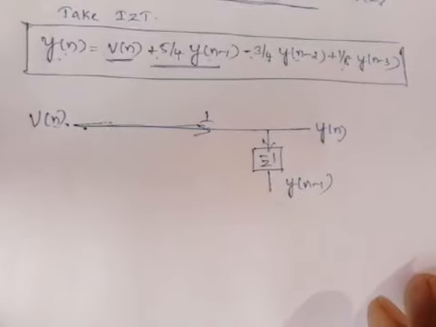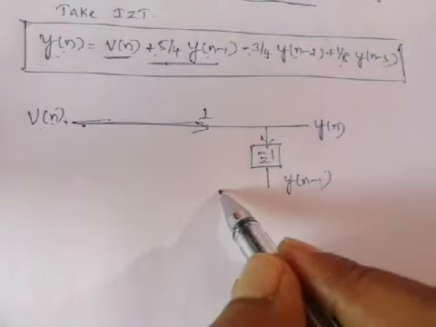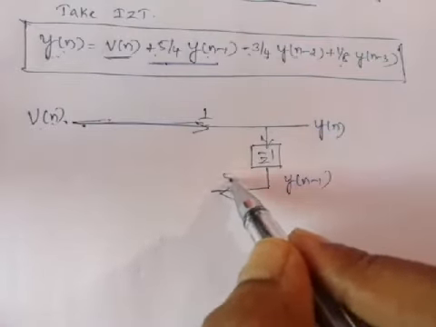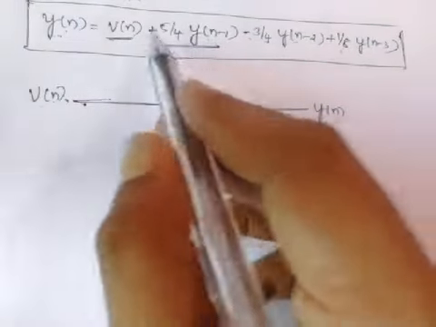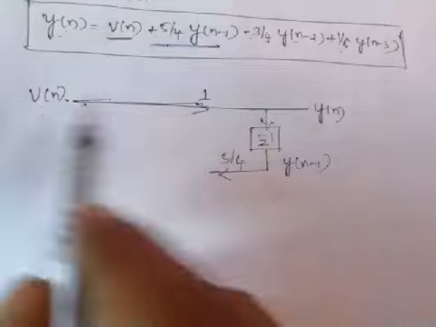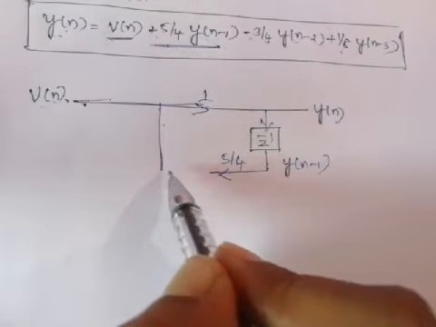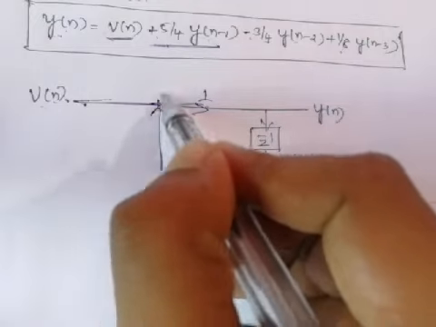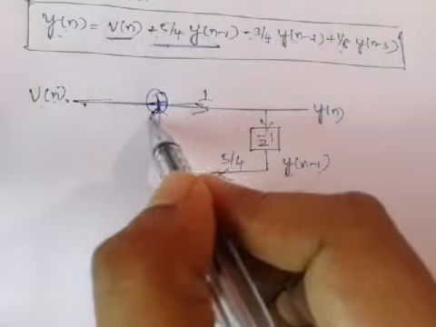y of n minus 1 is multiplied by the coefficient term, that is 5 by 4. This operation is added to where? This operation is added to v of n. So I am going to add here, plus, this operation is added here.